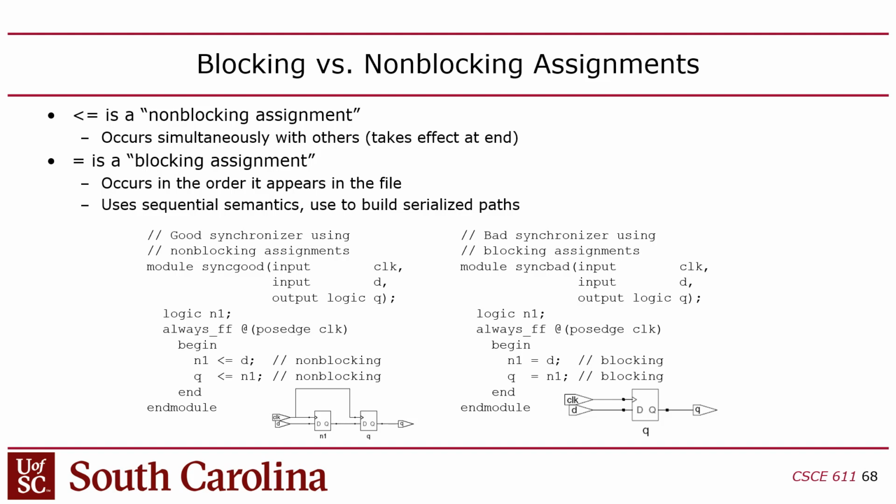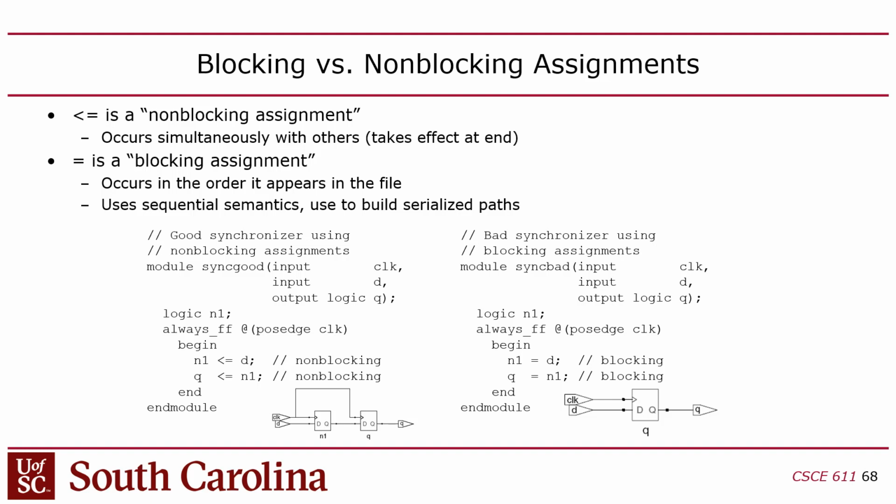However, if you use the blocking assignment statement, then the second line of code will see the updated version of N1. But the problem here is that this basically substitutes N1 into the second line of code, so this is equivalent to just saying D goes into Q, or Q gets D. So this creates 1 flip-flop, whereas this creates 2 flip-flops, right?